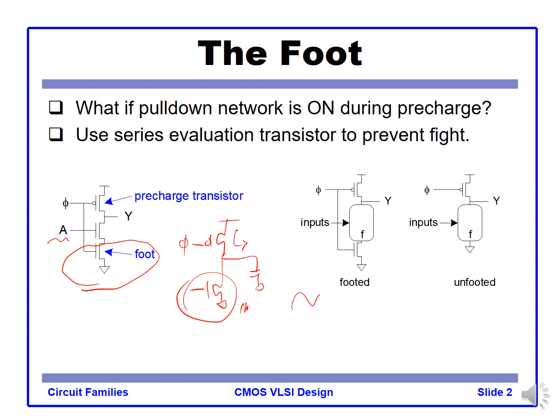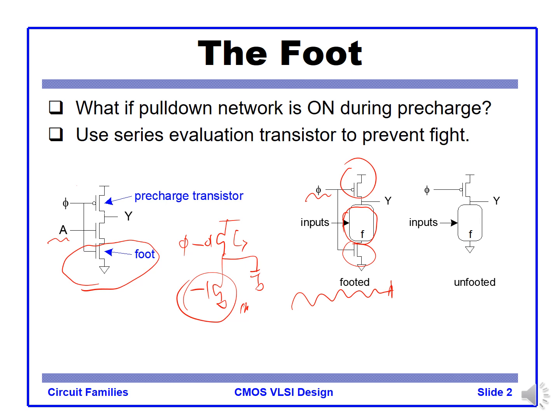So typically dynamic logic is constructed by this kind of arrangement. Phi-clocked PMOS and NMOS at the top and bottom, and the input pull down network only exists in here, right?